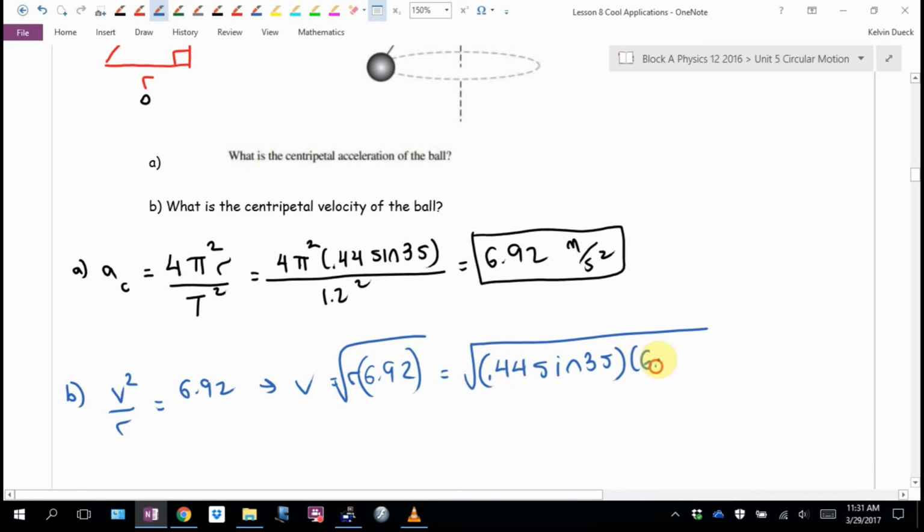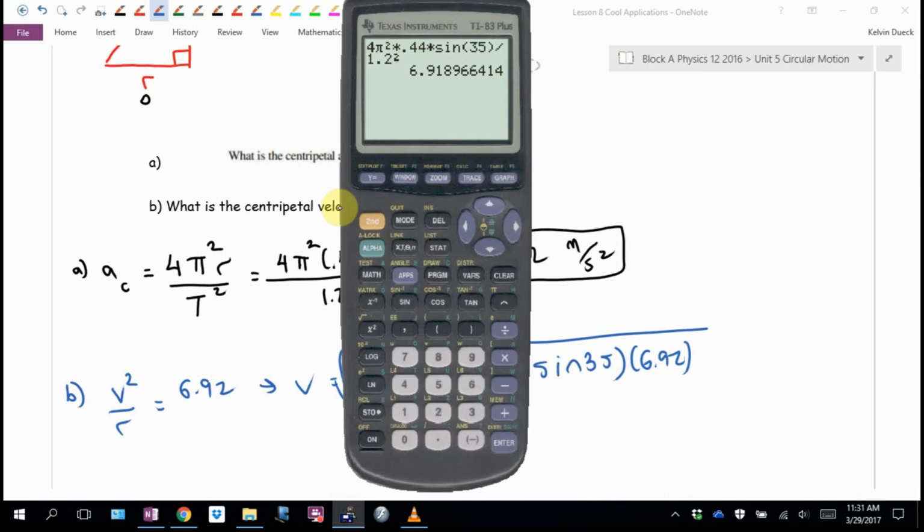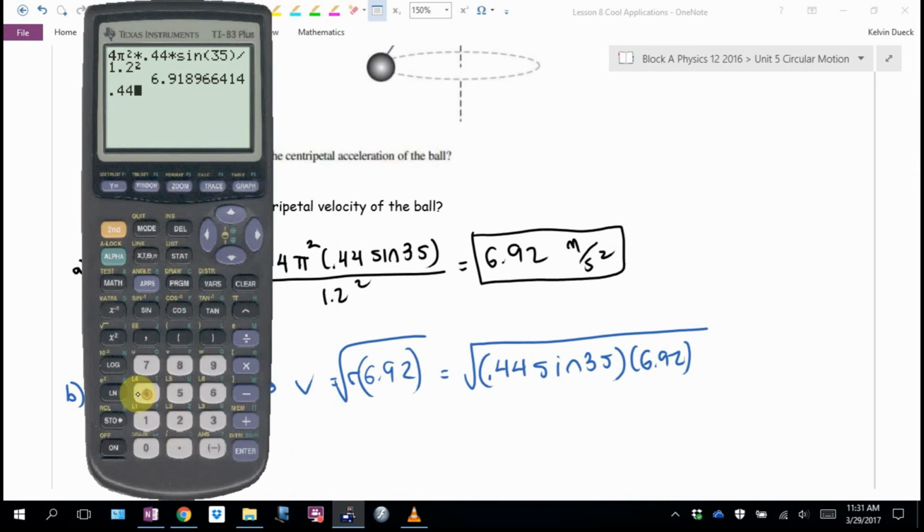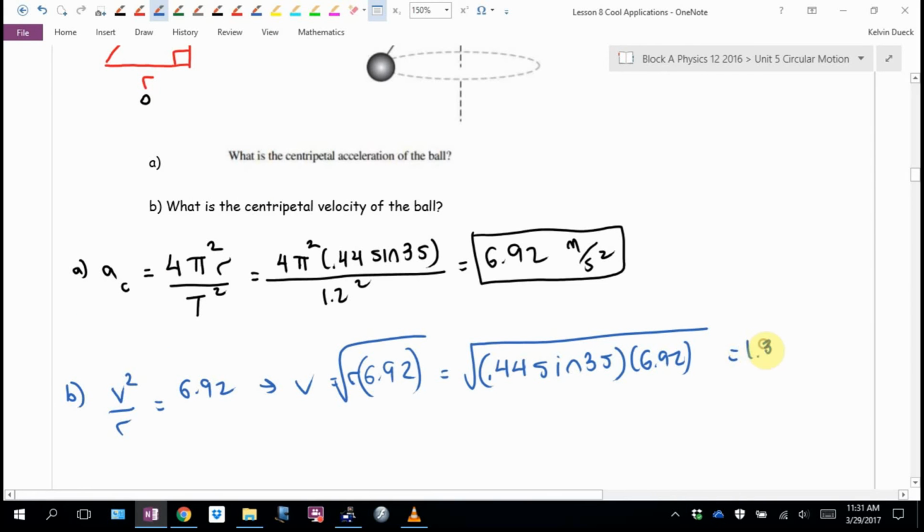And I'll write 6.92, but of course you know I'm going to use my answer button. Square root. Don't forget to square root. And I get 1.32. Okay.